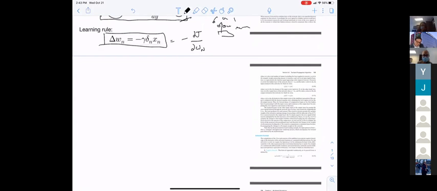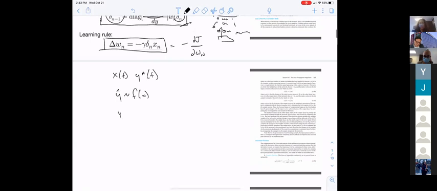What you're always trying to do, again, our goal is that we have some sets of pairs, X and Y. We have values of X, let me call it X of time, and Y star of time, so that we just have lots of different values of these. These are pairs. And what I want is to find an approximate function, Y hat, which looks like some function of X. Or more importantly, Y hat at each point in time is approximately equal to F of X at that point in time.